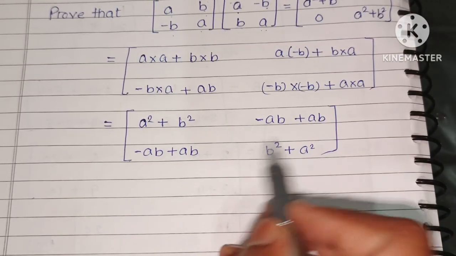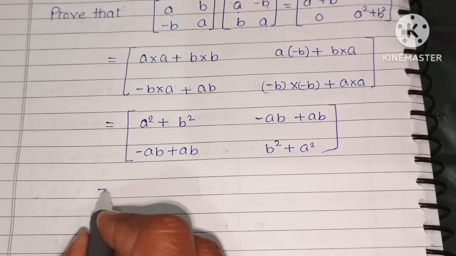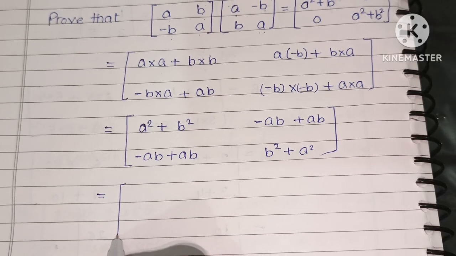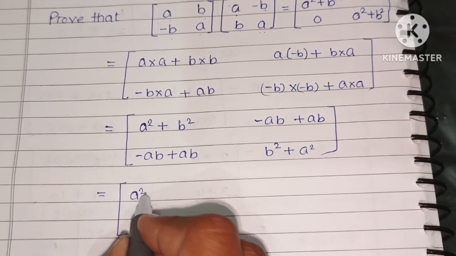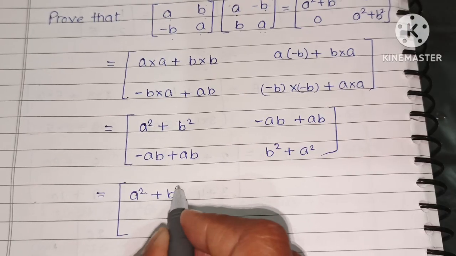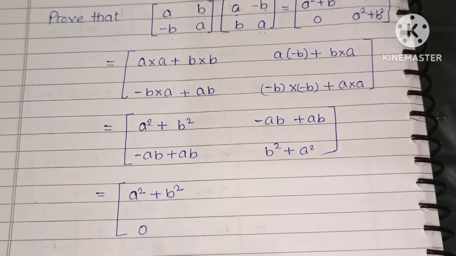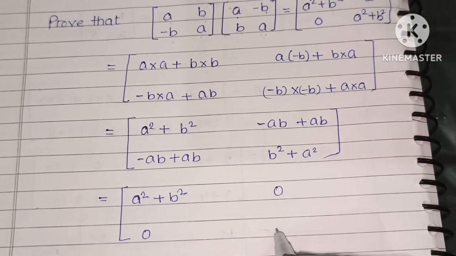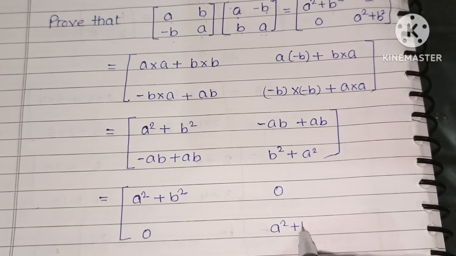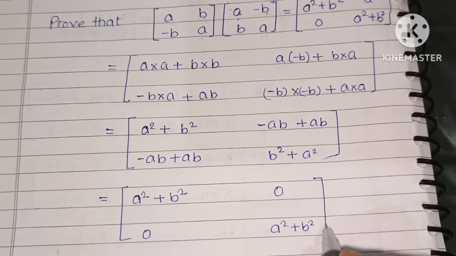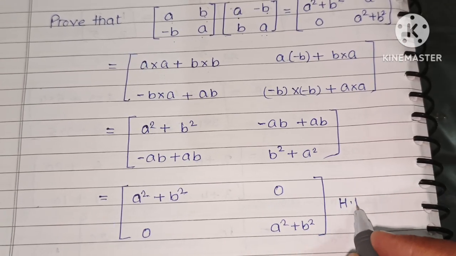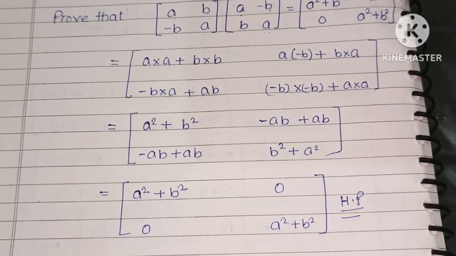So this will be cancelled out, so we can write A square plus B square, this is 0, this is also 0, and this is A square plus B square. Hence proved. Note down.